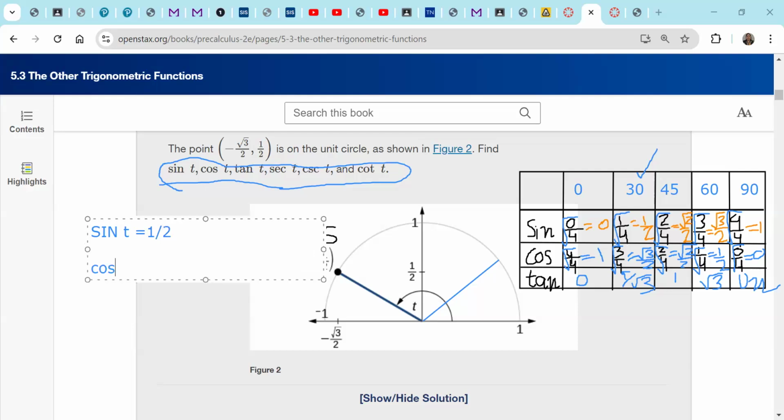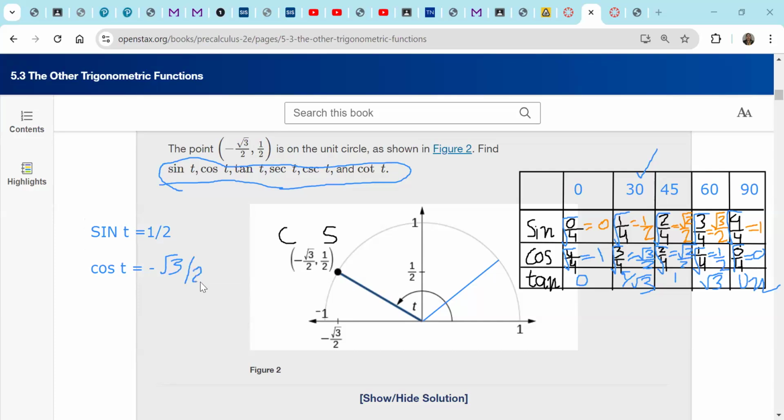Then cosine t is equal to negative square root 3 over 2.